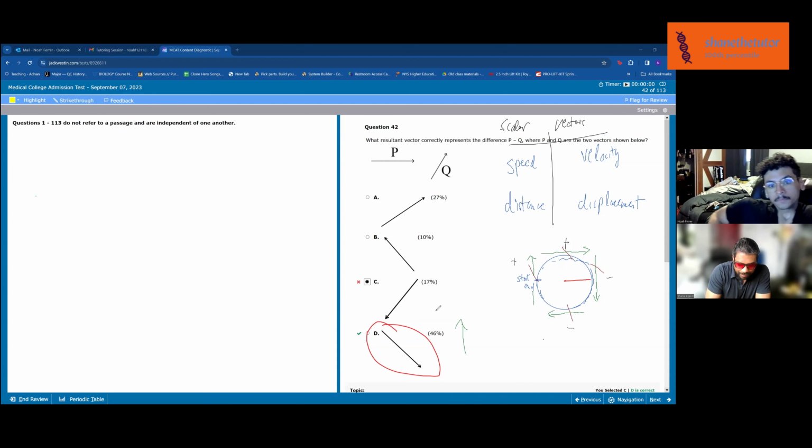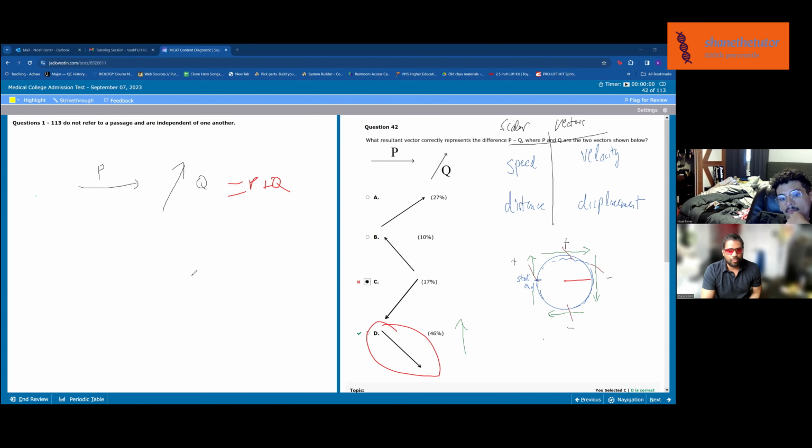We have P, we have Q. Now if it's minus Q, then we're switching this. That would be P plus Q if I added those. So when we add vectors, what do we do?